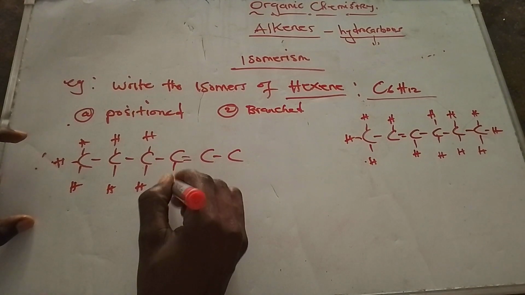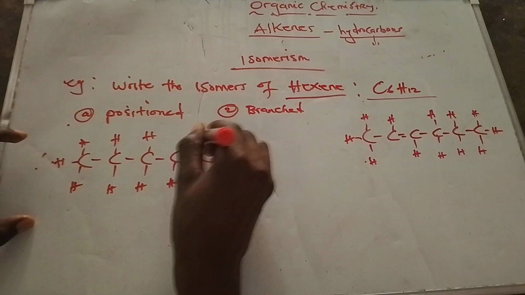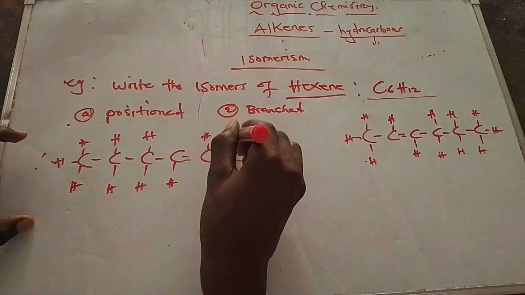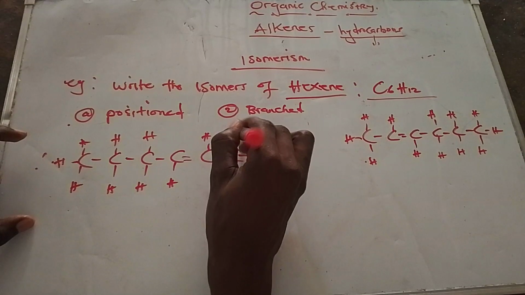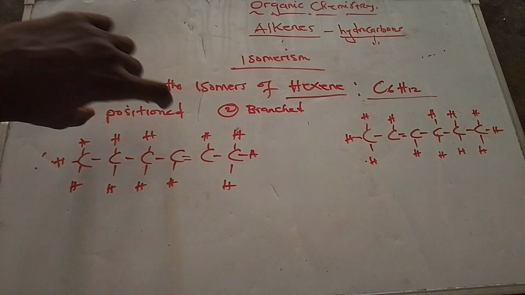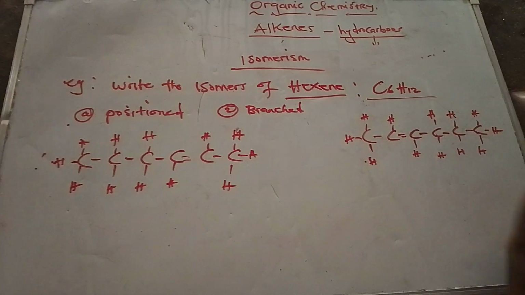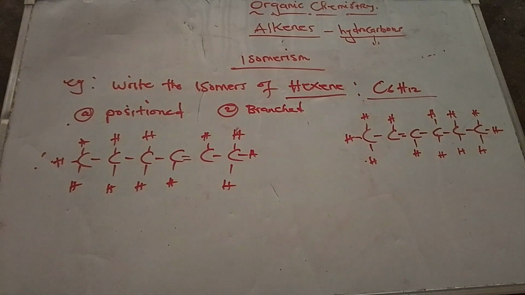I have a double bond here, so I put 1 hydrogen; I have a double bond, I put 1. Then here I'll put 3. So this is my positioned isomer. As long as I've shifted my double bond, whatever comes, it is an isomer. So this one is very simple.